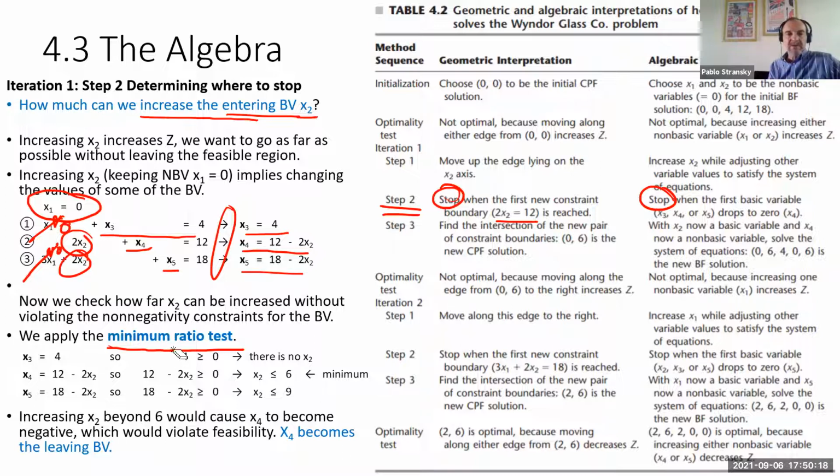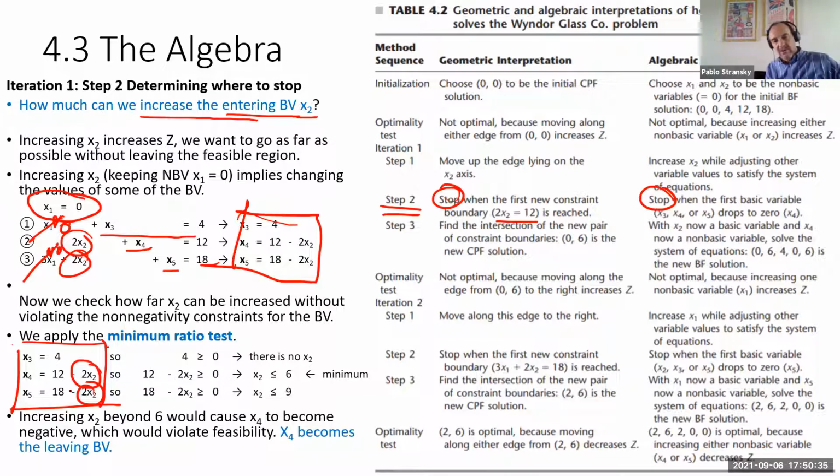Okay, now we're going to take this part of the equation, this box, and bring it over here. What I want to determine is how far can I go in these x2 values without violating this condition.